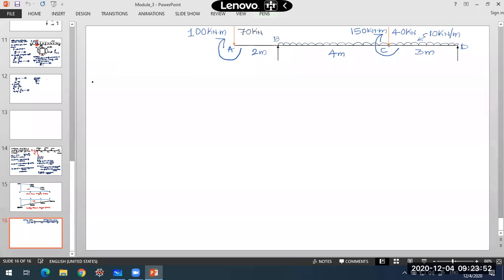Now in this case also, when you go for calculation of bending moment and shear force, I require the support reactions, because they are required when we start the calculation of shear force and bending moment. So first are the reactions.